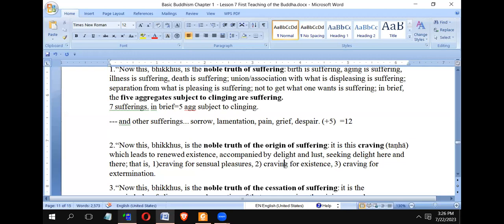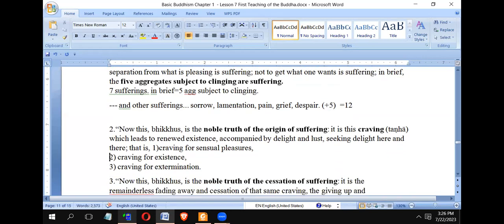Okay, craving for existence. Sometimes they say this one has two explanations. One is a direct translation, like bhava tanha and vibhava tanha. Some is a direct translation, craving for existence.